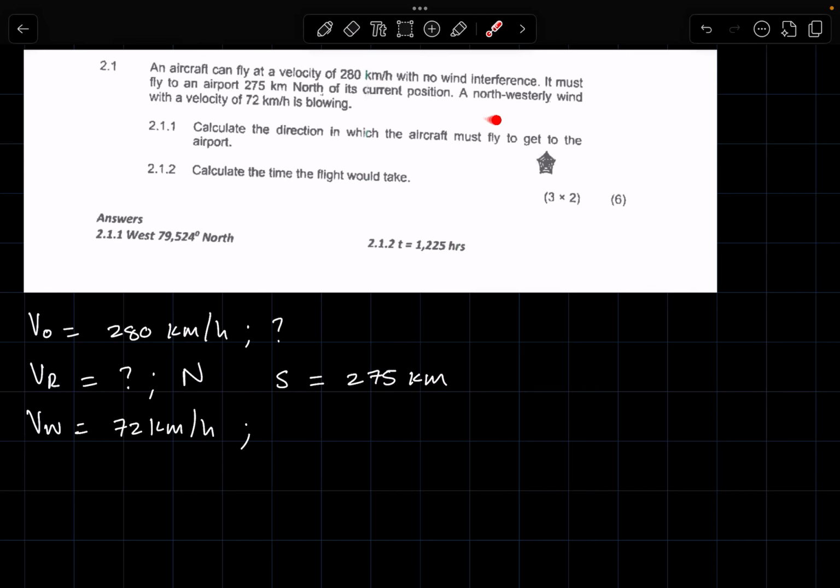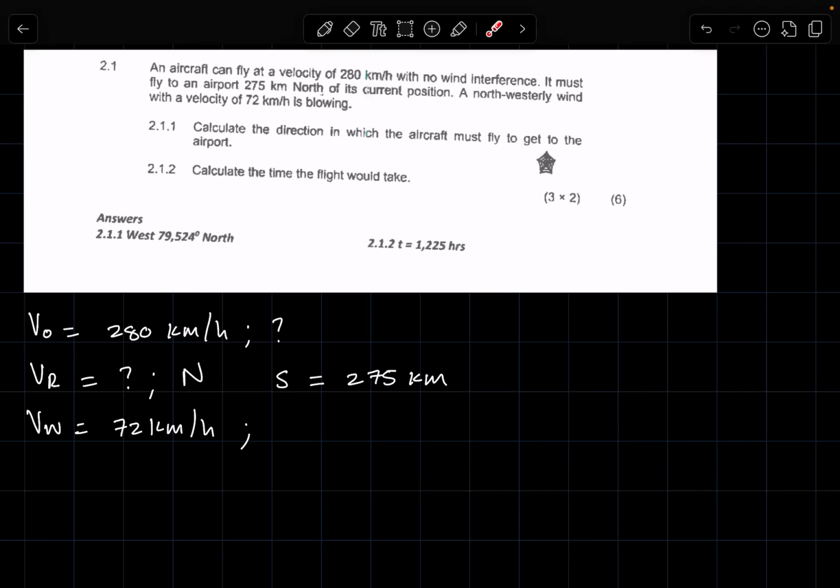If you look at the direction of the wind, they neither said it is coming from this direction nor headed in this direction. So in a way, the wind direction is ambiguous.